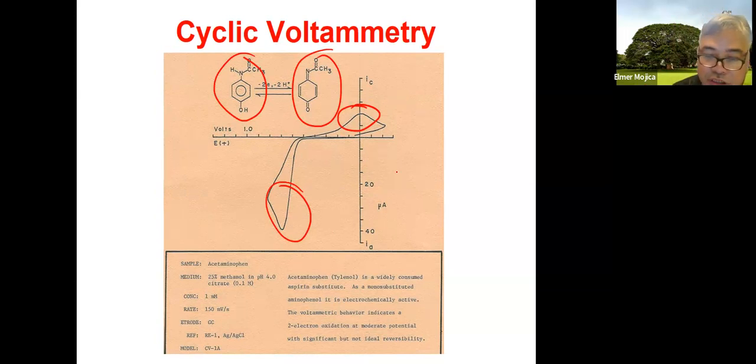So as a mono-substituted aminophenol, it is electrochemically active. Now the voltammetric behavior indicates a 2-electron oxidation at moderate potential with significant but not total ideal reversibility. That's why the CV that you have is different.